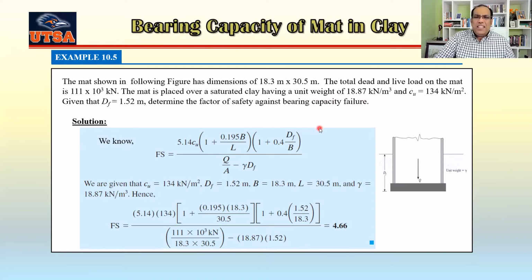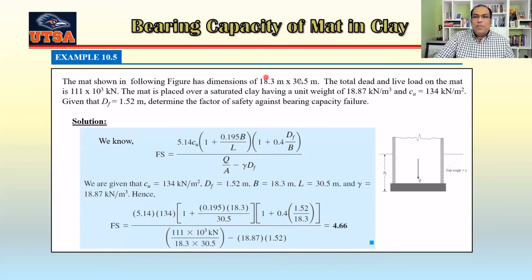You can just use that formula and plug in all those values. So what are those values? You can see this is your B, this is your L. L is always bigger than B, right? This is your total load Q. What is A?